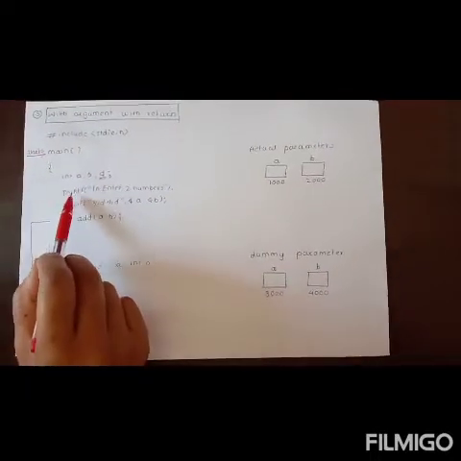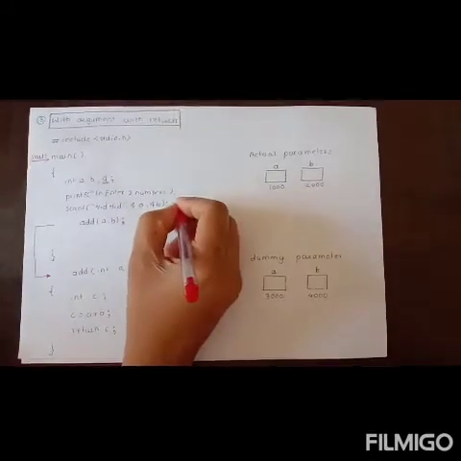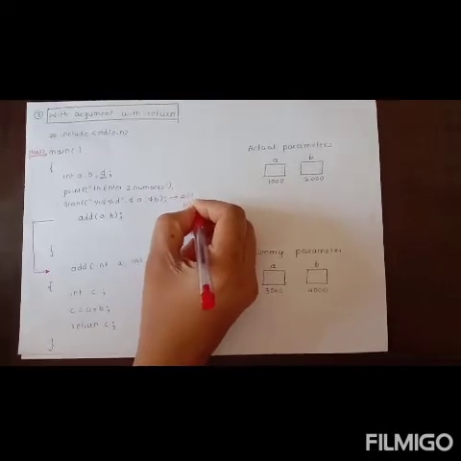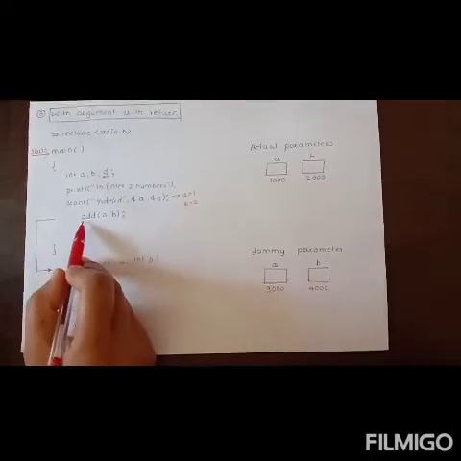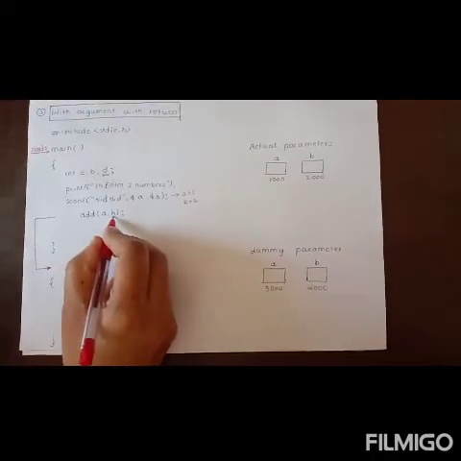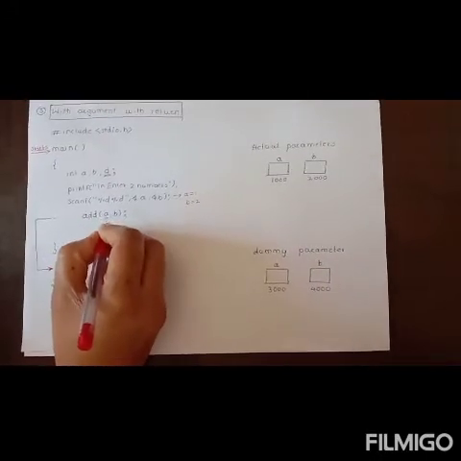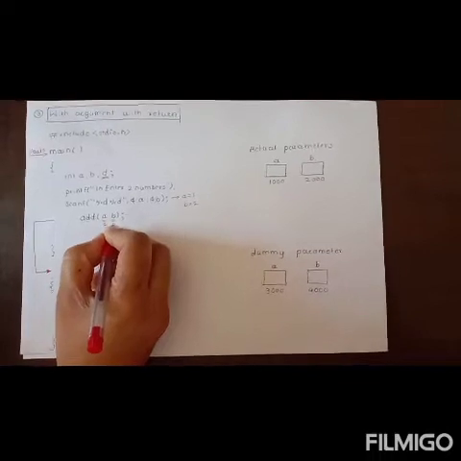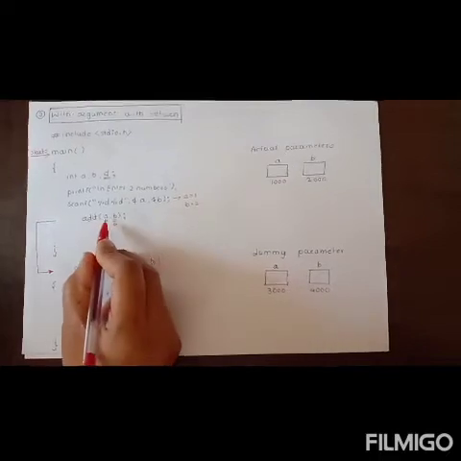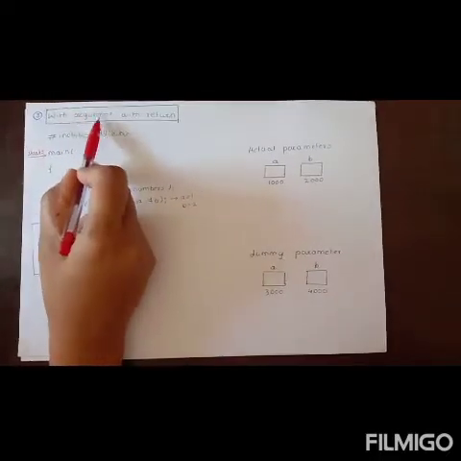After that, we accept the values of a and b from the user. As with the previous, I'll say a is 1, b is 2, and after that I call the function add, and here I send 2 integer values a and b. That means a is 1 and b is 2. This is a function call, by passing the 2 values. So it's with argument.